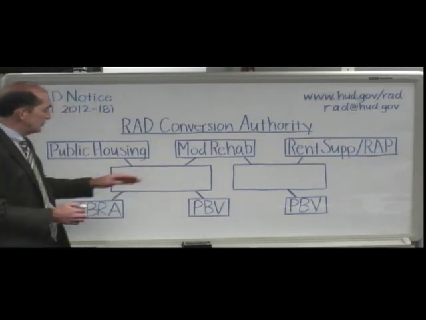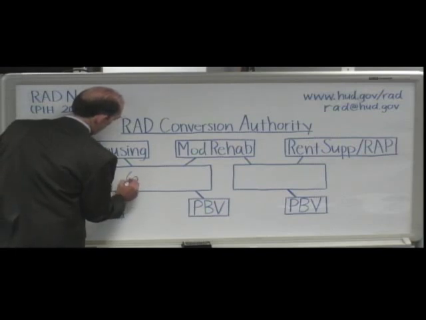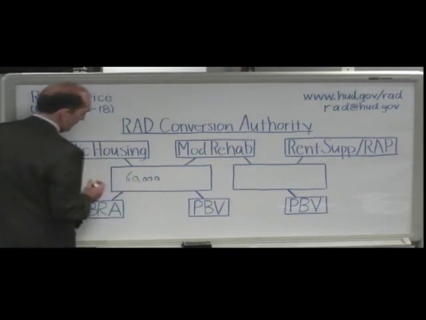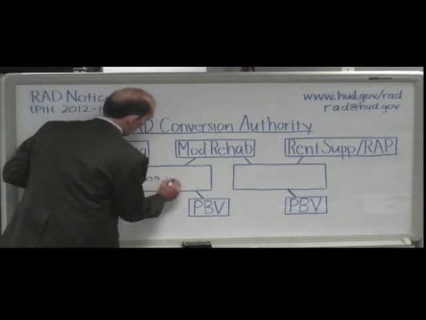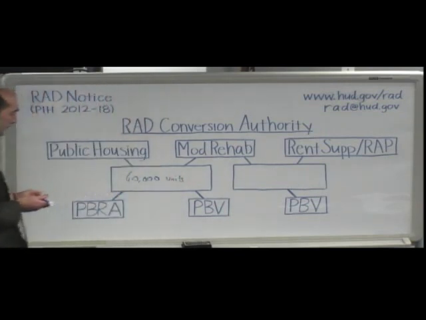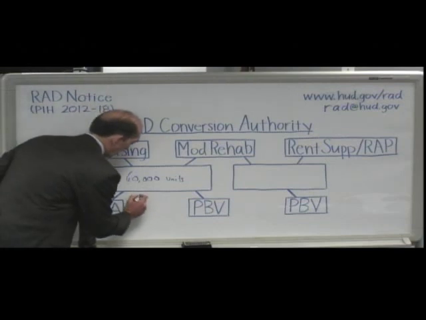You have the choice of doing it, but one of the constraints under this is that the Congress gave us the authority to have 60,000 units convert under this first component of the program. So a Mod Rehab owner can compete. The second part is that under this component, there's a competition.